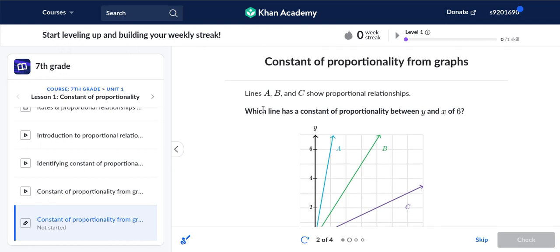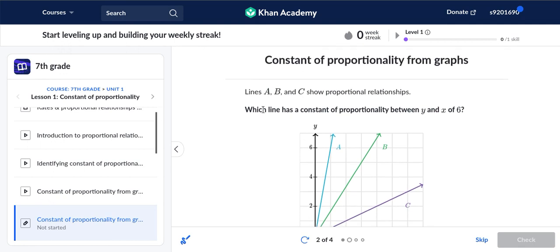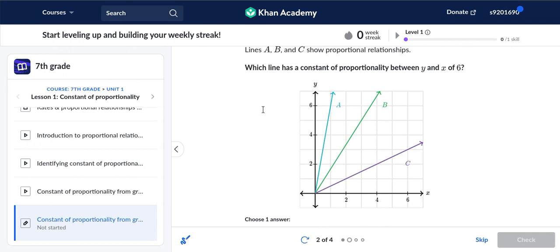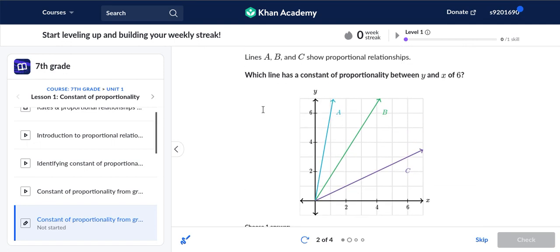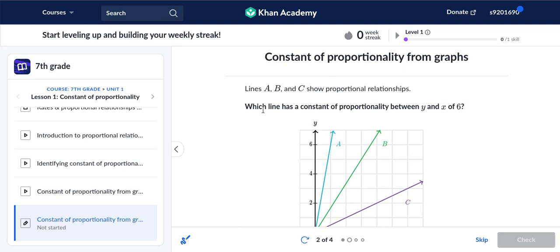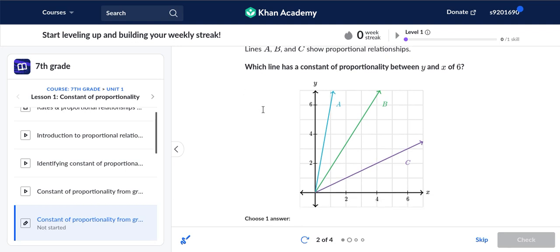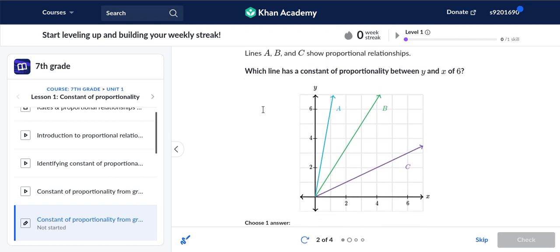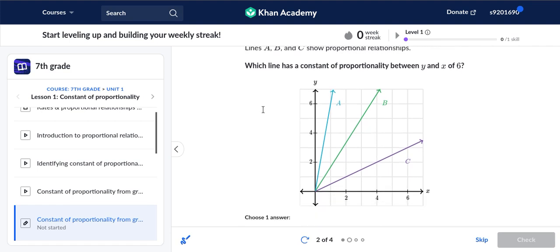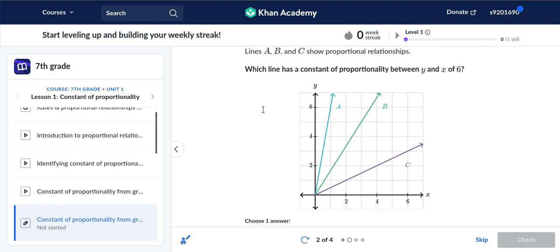It says lines A, B, and C show proportional relationships. Which line has a constant of proportionality between y and x of 6? I'll write this again. Lines A, B, and C show proportional relationships. Which line has a constant of proportionality between y and x of 6? Remember, y and x are our 2 axes that make up the coordinate plane.